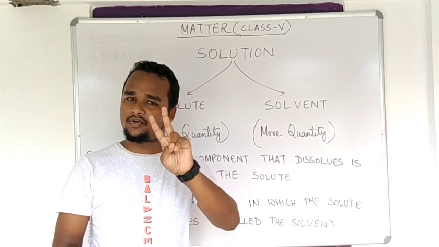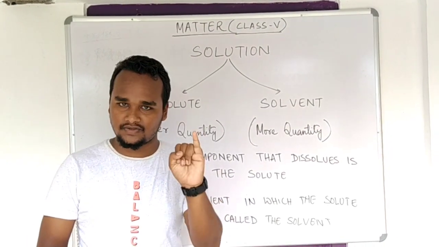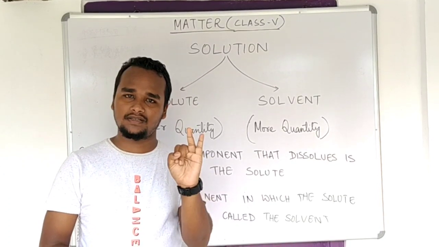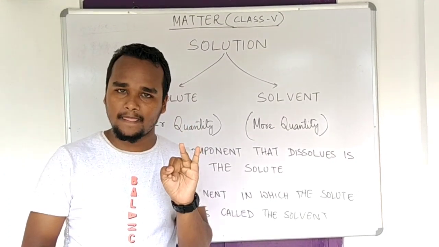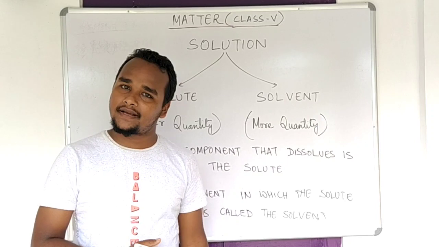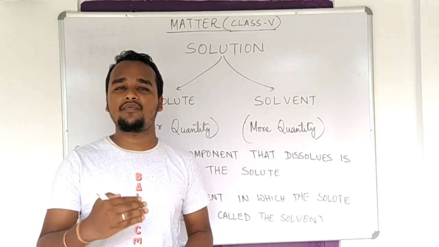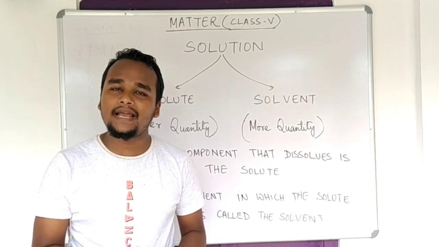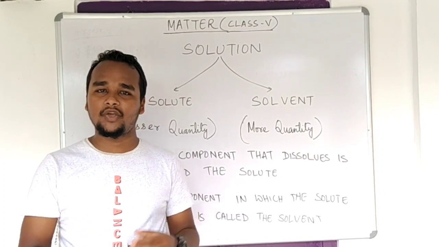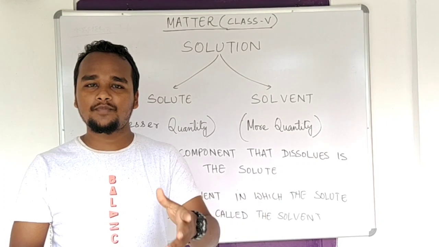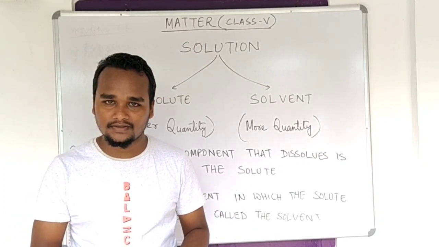To make a salt solution, we need only two things: salt and water. First of all, what will you do? You will pour water in a glass. The quantity of water will be more, and to that water you will add 2 or 3 spoons of salt.